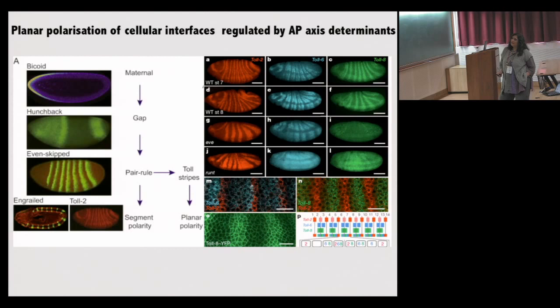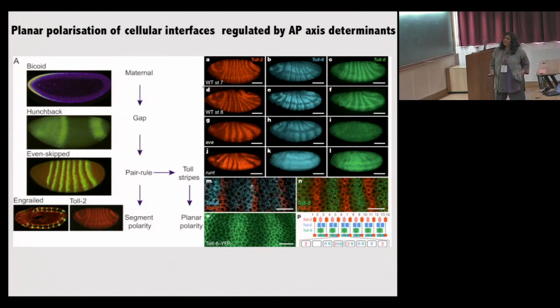But you can look at how these stripes relate to each other. And what this diagram actually tells you is that they're expressed in overlapping patterns, so that would argue that each column of cells within this germ band might have a unique Toll code, meaning some combination of high and low of different Toll receptors.